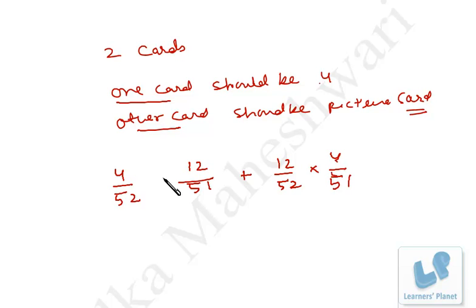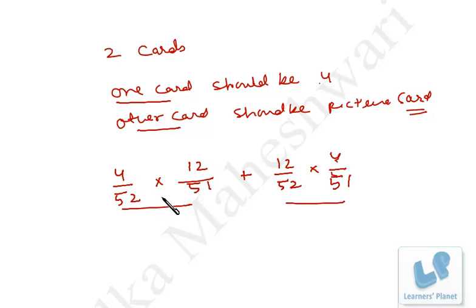Both of these are independent events, but either of the events can happen. These combinations are mutually exclusive. In this case, we are getting 4 on the first draw and a picture card on the second draw. In this case, we are getting a picture card on the first draw and 4 on the second draw. So either this or this can happen.